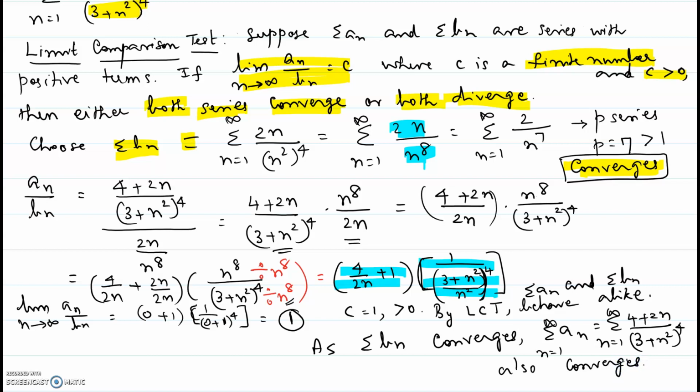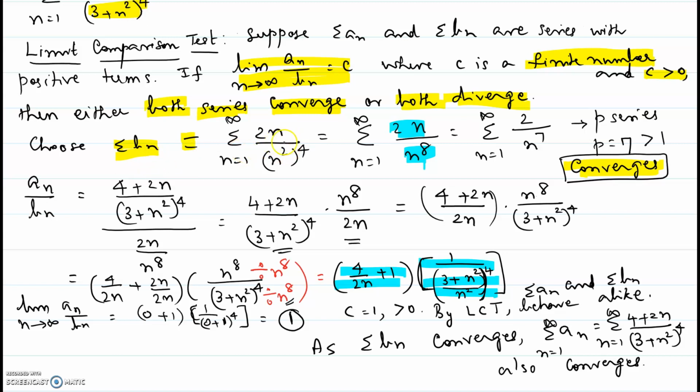Keep in mind, whenever you do the testing of convergence, you have to first of all choose an appropriate test. So in this case, we have chosen the limit comparison test. Establish whatever the requirement is. So here we have to establish limit as n approaches infinity an over bn equal to c, and c should be a finite positive number. So you have to suitably choose the sigma bn here.